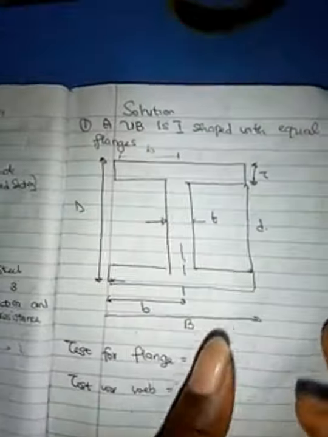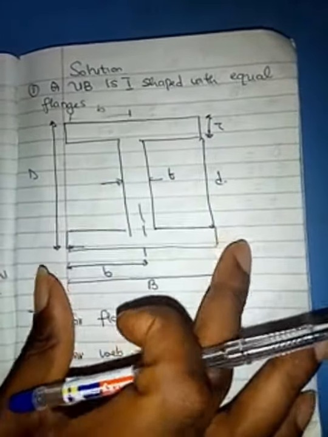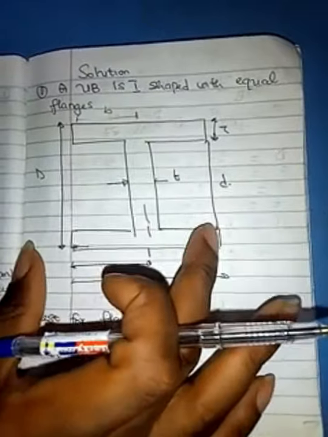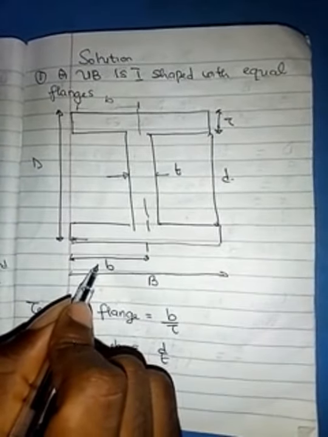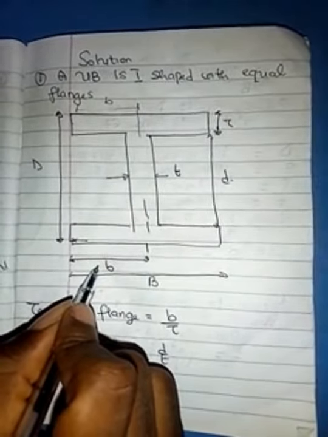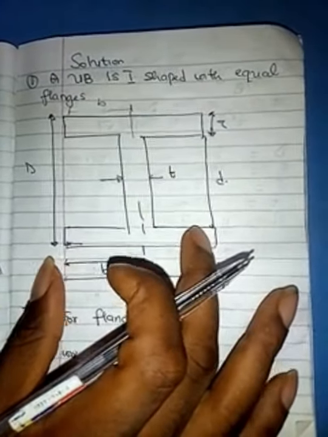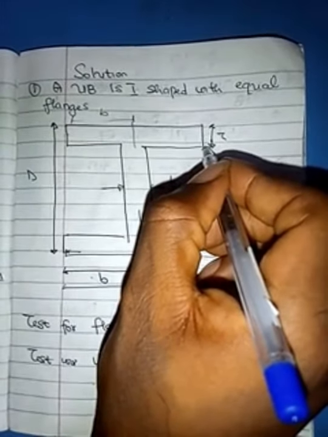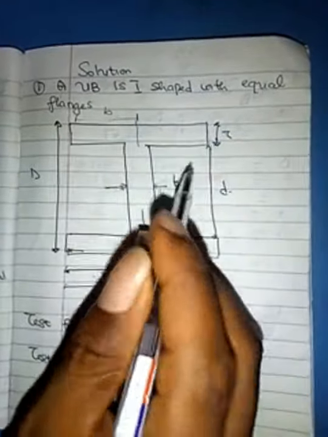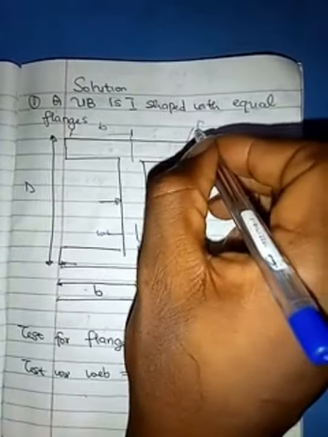As we've said earlier, the first thing to remember is that a universal beam is I-shaped. Then we are to remember the components of this universal beam. From the center of the beam to the end is what we call dimension B. When you check your section table, you will see this drawing, which might make it easy for you to remember. The capital T is the thickness of your flange. The small t is the thickness of your web. This long part is called the web, and this place here is called the flange.